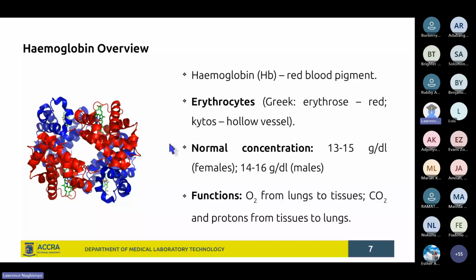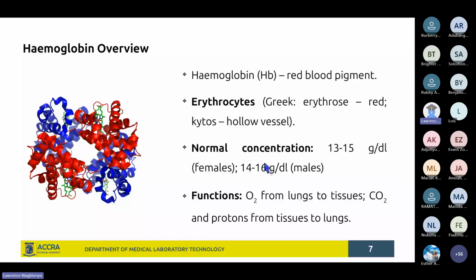I mean, if you look at these numbers, say females 13 to 15 grams per deciliter, in males 14 to 16 grams per deciliter, these numbers overlap. So there's no significant difference over here. And sometimes people will say it is slightly higher in males than females. But if you look at these numbers, they overlap. And so we can say that there's really not a significant difference between the concentration of hemoglobin in males and females. It's almost the same.